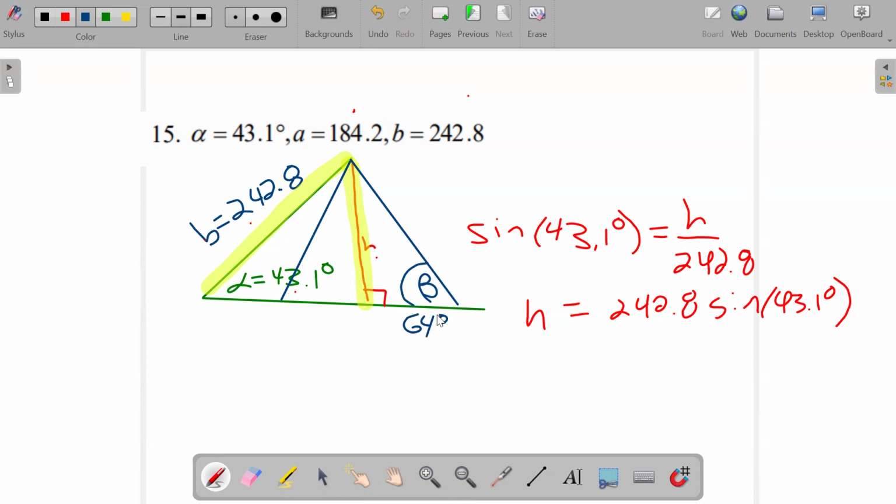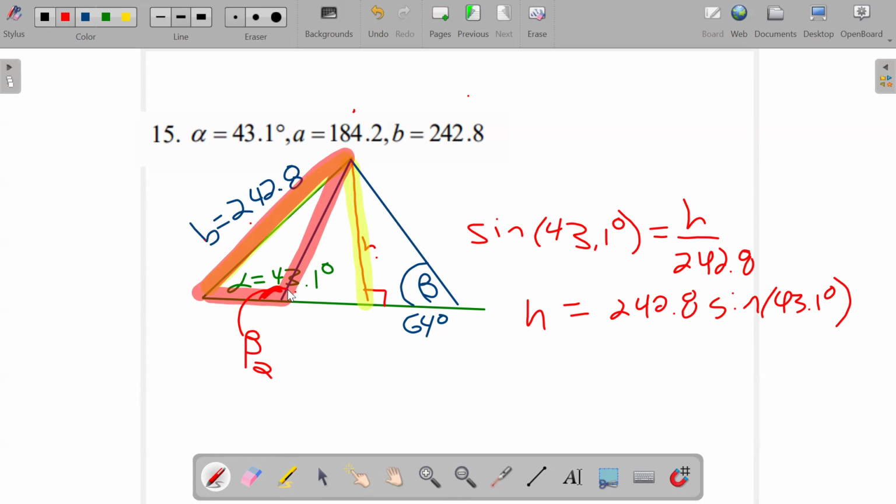The other option for the angle would come from this triangle right here, in which I have a different beta. Beta would be this angle right here. Let's call that one beta 2. Would you agree that's much bigger than 64 degrees?